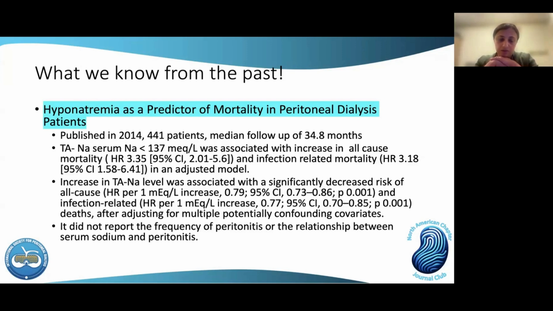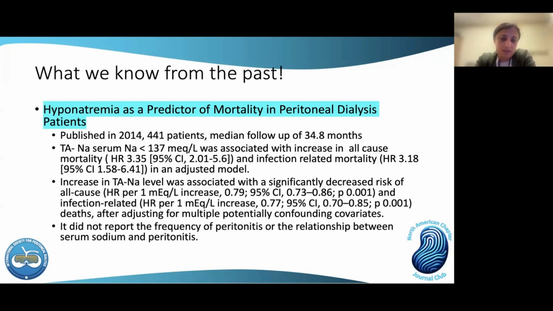They did a time-average sodium, and a time-average sodium of less than 137 was associated with an increase in all-cause mortality, with a hazard ratio of 3.35, confidence interval 2.1 to 5.6, and infection-related mortality with a hazard ratio of 3.18, confidence interval 1.5 to 6.4, in an adjusted model.